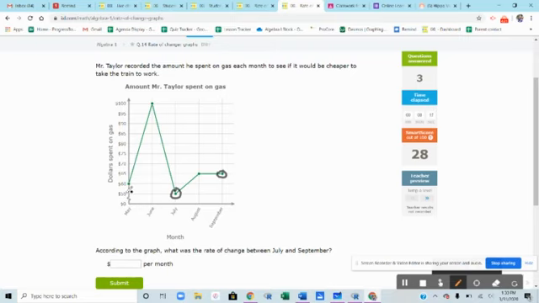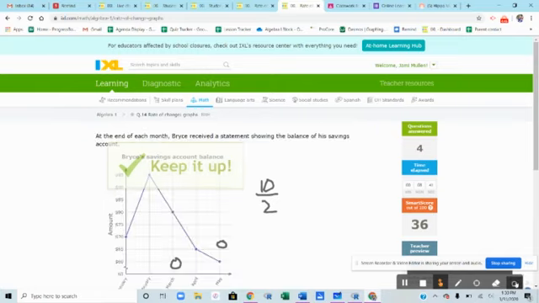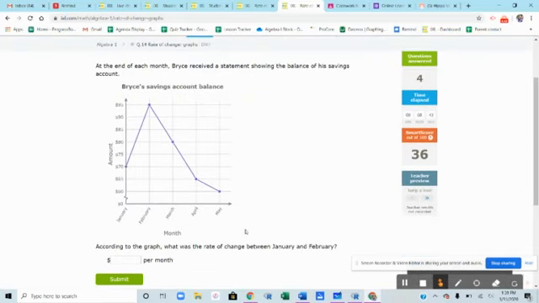Paying attention here to your scales, we're counting by fives, and our months are counting by ones. So when we rise, we need to count by our fives. So from dot 1 to dot 2, we rise 5, 10, and it was up, so positive. And looking at our run, we run 1, 2 to the right, which is positive. And then 10 divided by 2 gives you $5 per month.